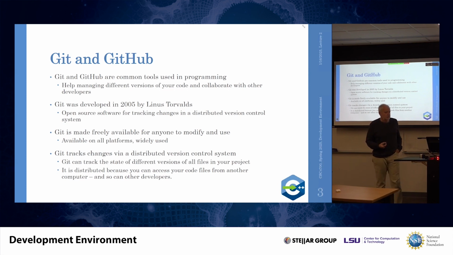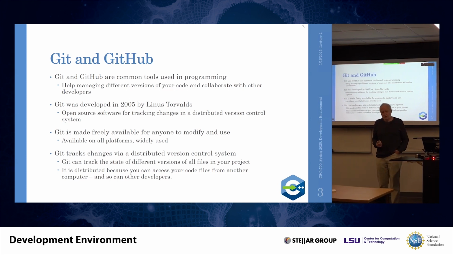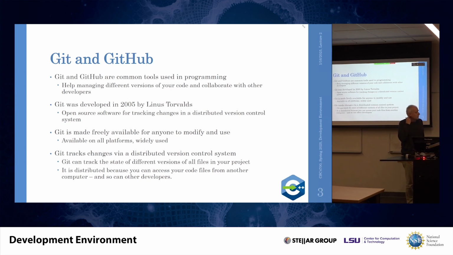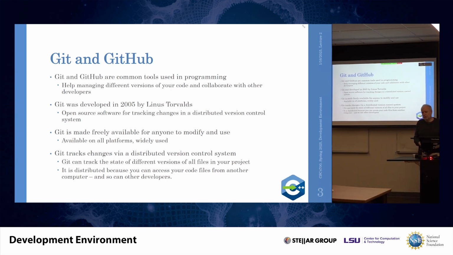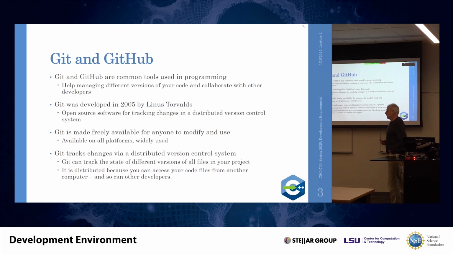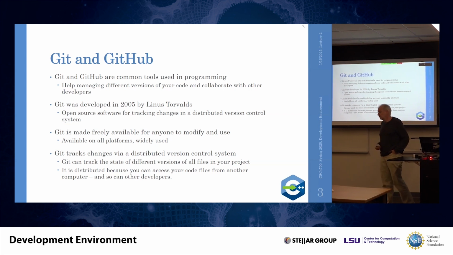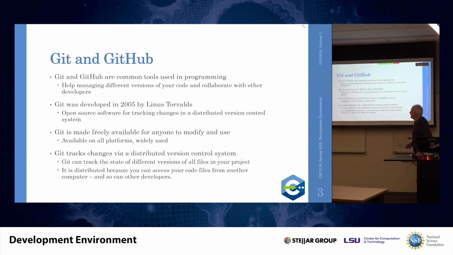It was originally developed 20 years ago by Linus Torvalds, the guy that also came up with Linux in the beginning. It's freely available, it's open source. It's available essentially on all platforms out there, be it Windows, Linux, Mac, anything. So you can use it everywhere.